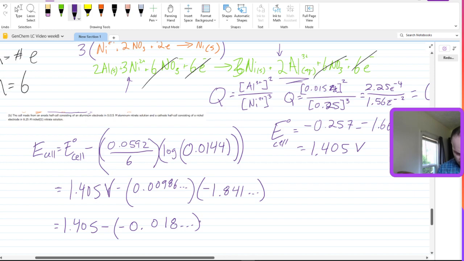So it looks like this will still be positive. Got 1.405 basically minus that, going to equal 1.423 is the cell potential with those concentrations.